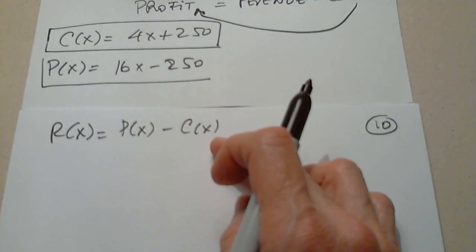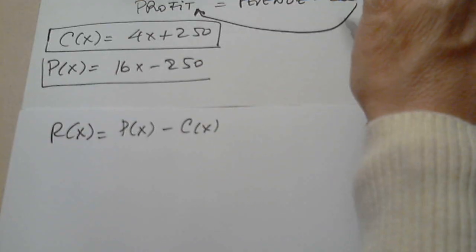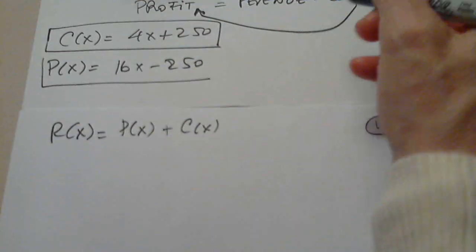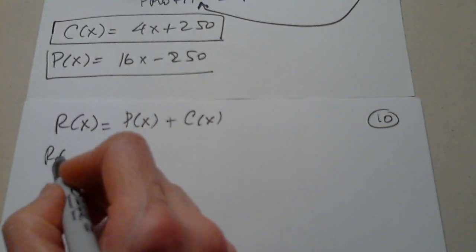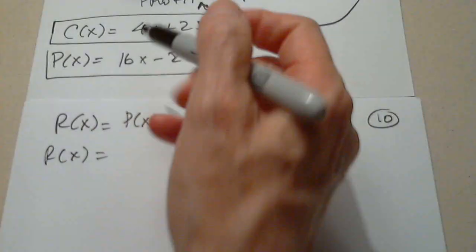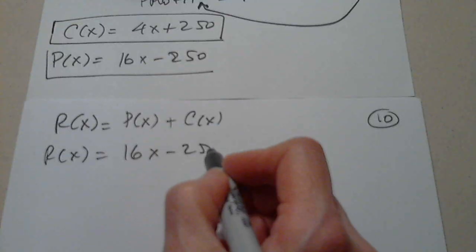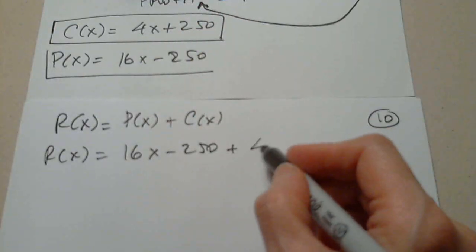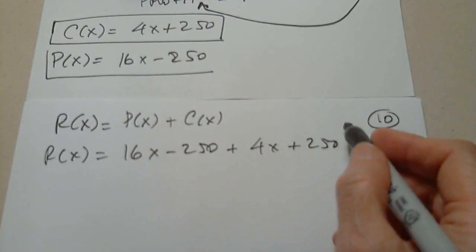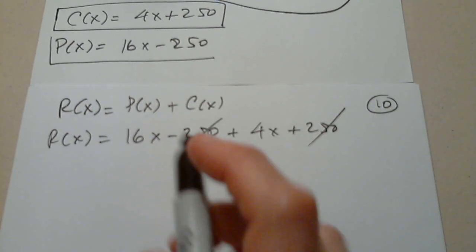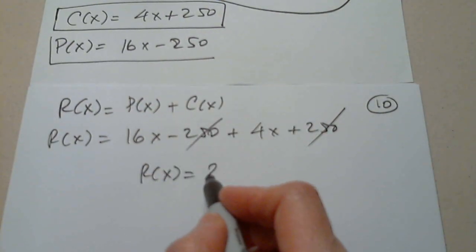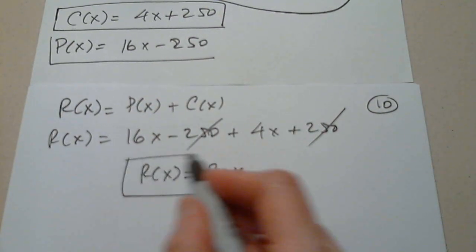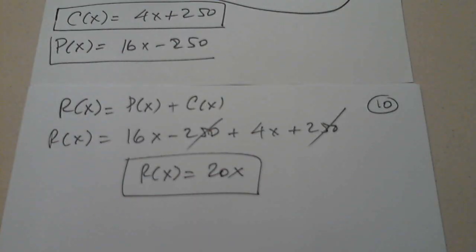So, I'm sorry, revenue is plus. I'm moving it from negative to positive. So then the revenue equals profit 16x minus 250 plus 4x plus 250. These two are gone. So then the revenue equals 20x. So we determine the function that is giving him the revenue.